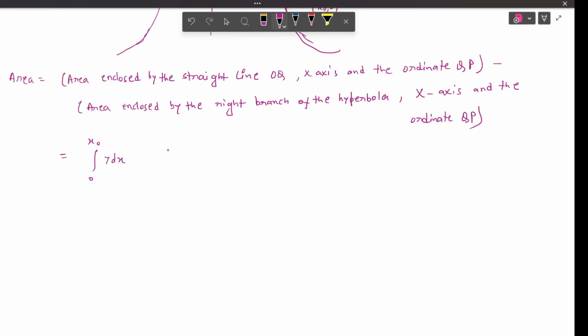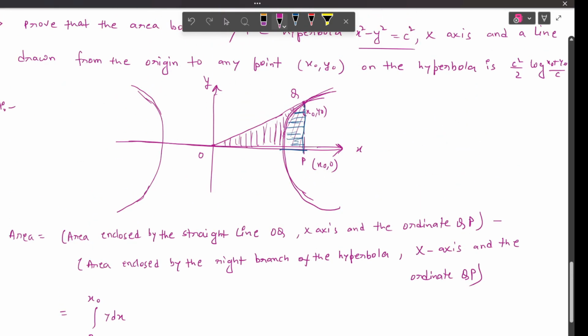Okay. Now what will be the equation of this y? This is your x naught y naught, and we know this is the line passing through the origin. That means the equation of the line would be y equals mx. And what is m?